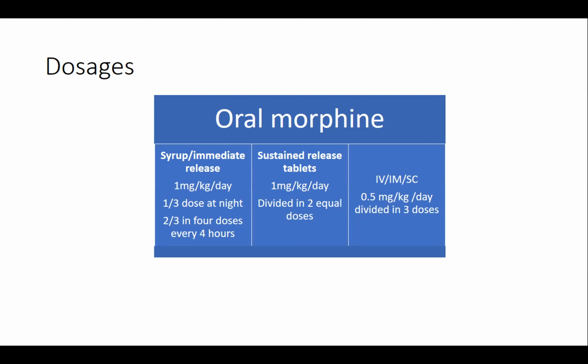So usually we would do the weight, 60 kilogram times 1 milligram, and then divide that into 4 hourly doses.